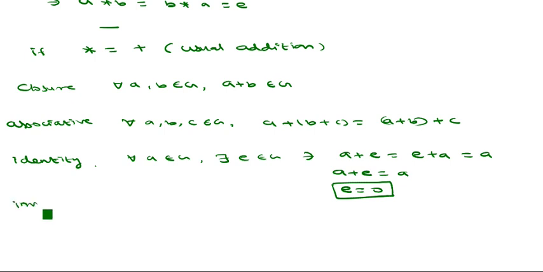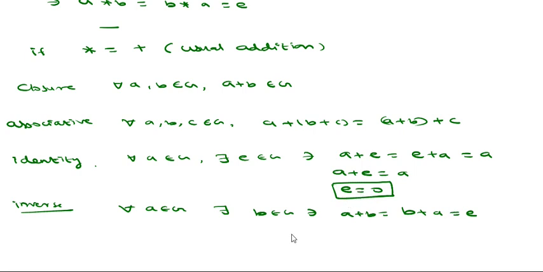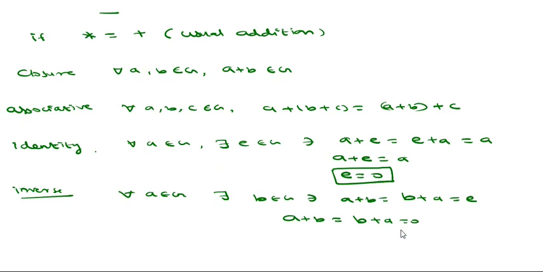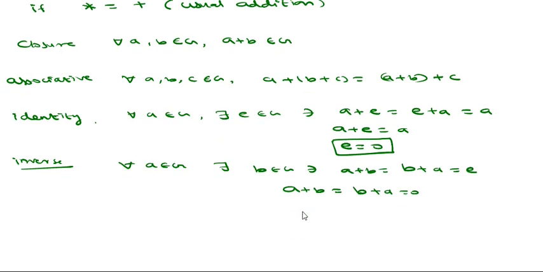And inverse. For the inverse property, for every A in G, there exists a unique B in G such that A plus B equals B plus A equals E. Here our identity element E is 0, therefore A plus B equals B plus A equals 0.